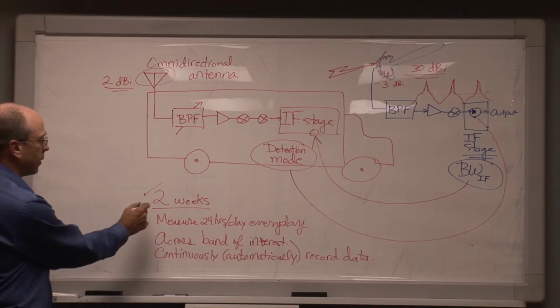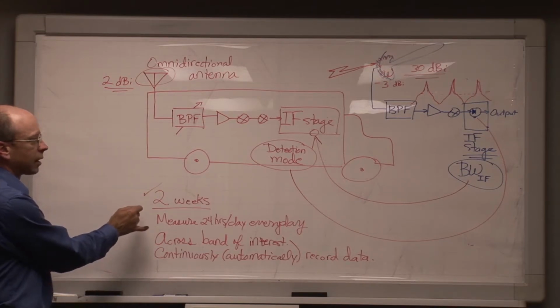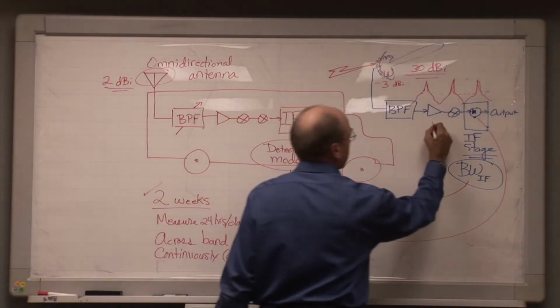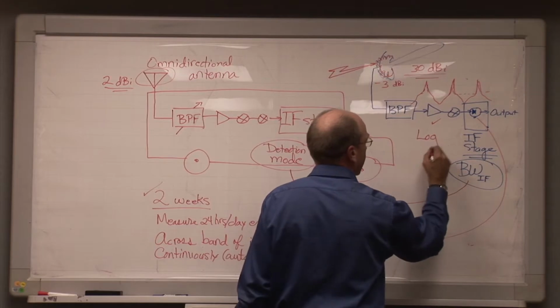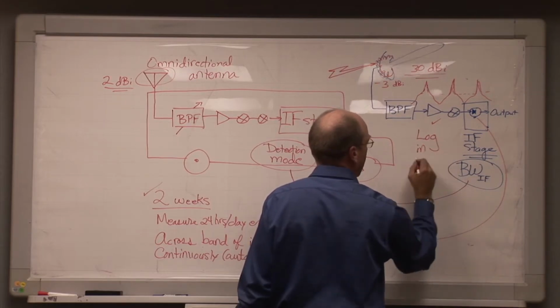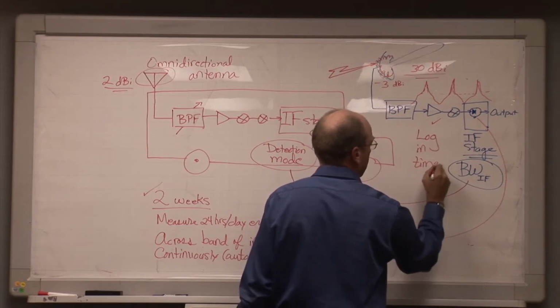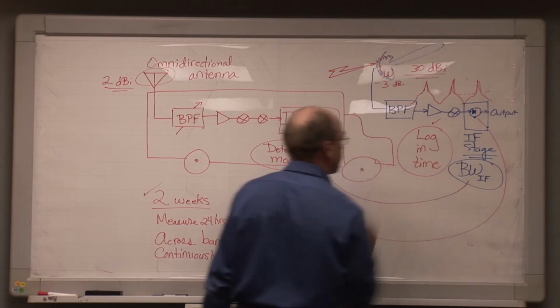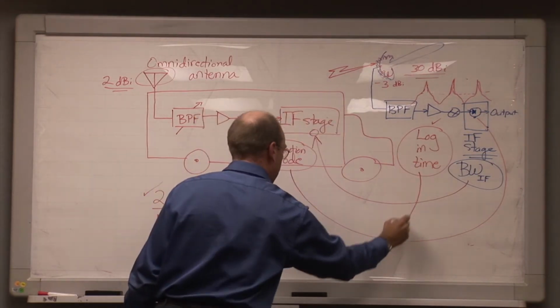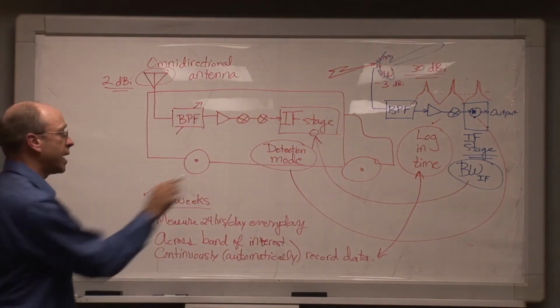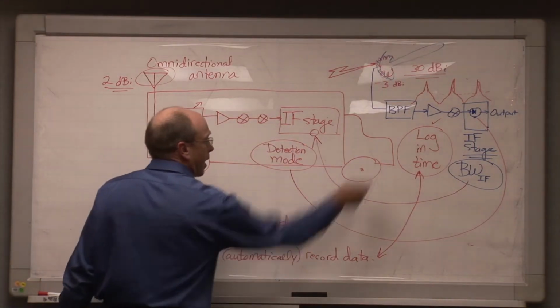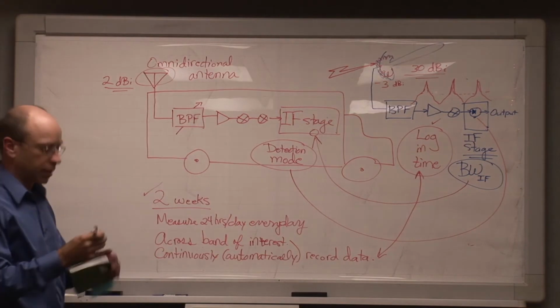And if after 2 weeks we haven't seen anything, and these guys have been reporting interference, and in particular, if these guys can log in time their interference events, and we can correlate their log with our recorded data, we can look to see whether there's anything in our recorded data at these times that could possibly be related to any interference that they're seeing.